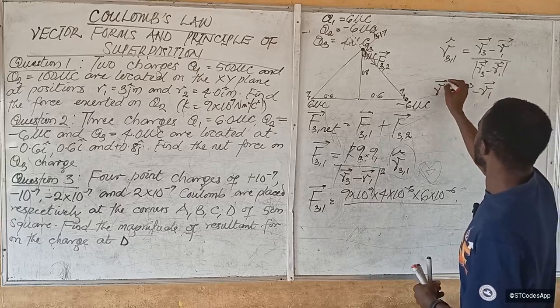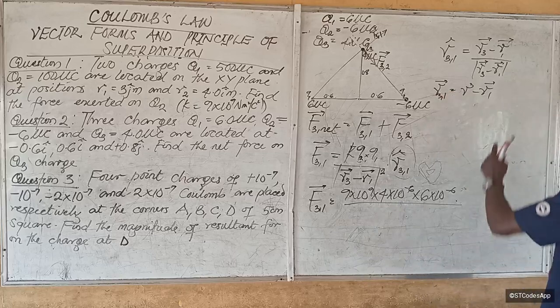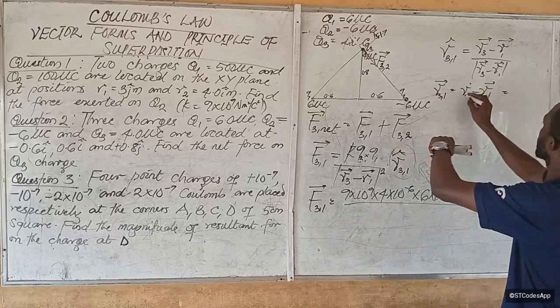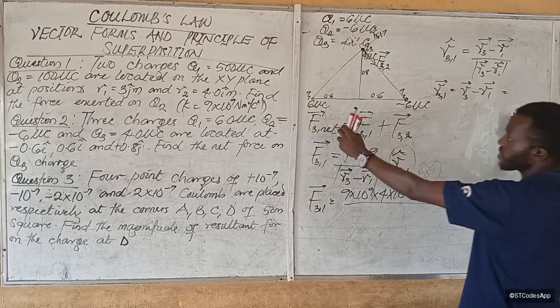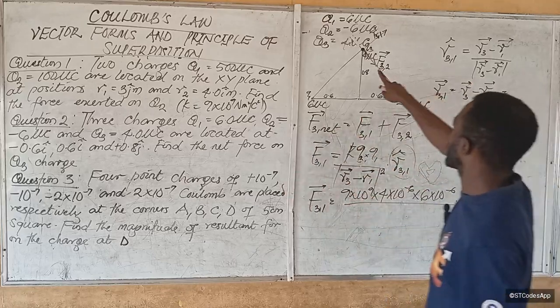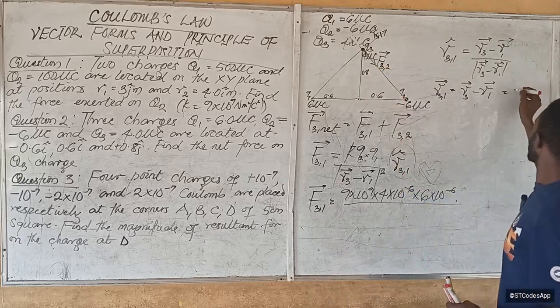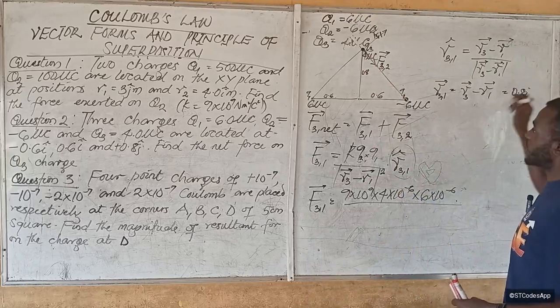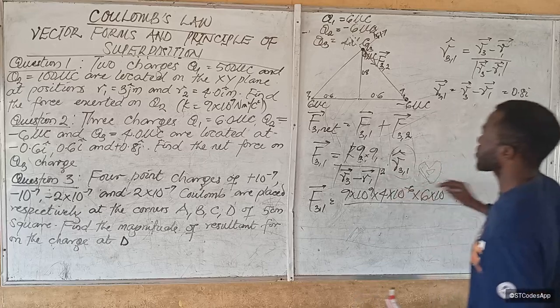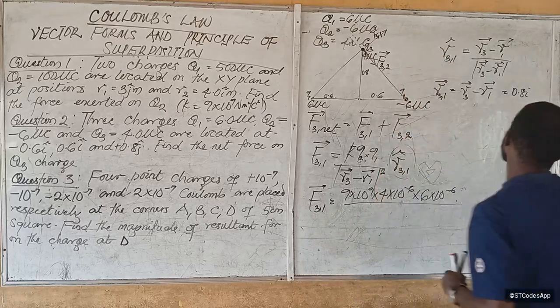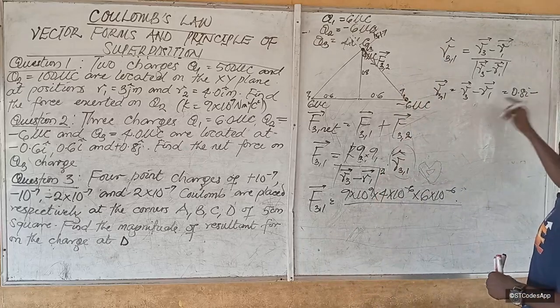That is our position vector from 3 to 1. So what is R3? R3 is 0.8, so 0.8i. Notice it is in the positive axis, so we are going positive. So 0.8i minus R1.